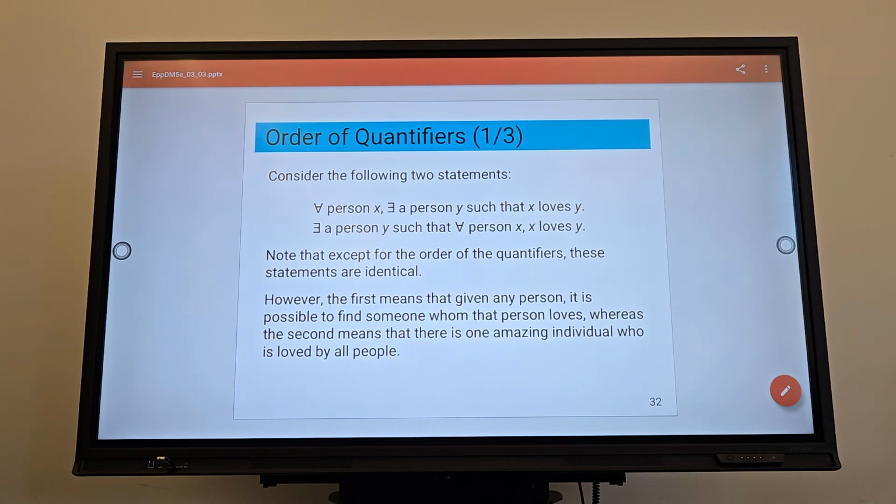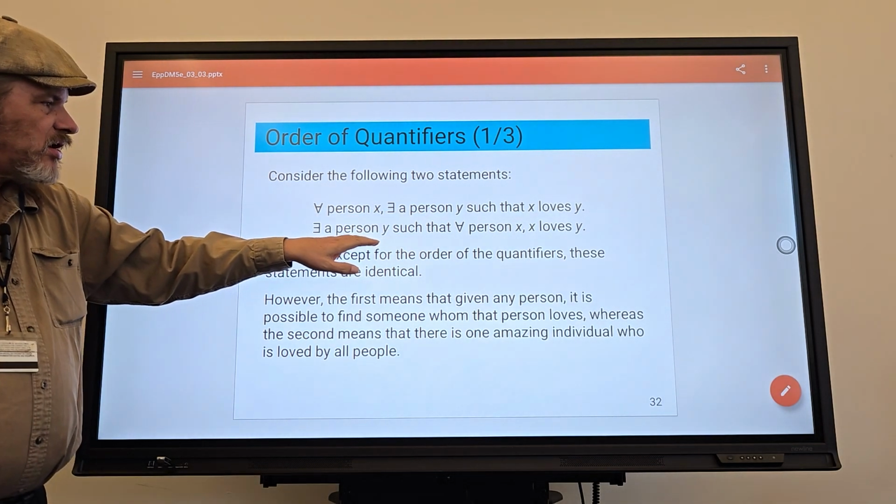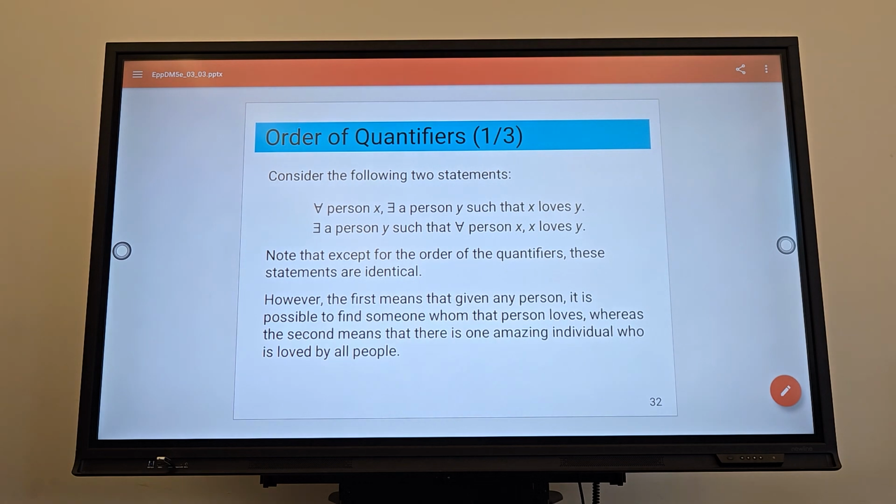Whereas if you flip the order to there exists a person Y such that for all persons X, X loves Y, it means that there's one amazing individual who is loved by all people. Well, obviously these mean two very different things. So the order of the quantifiers does matter. It affects the meaning greatly.